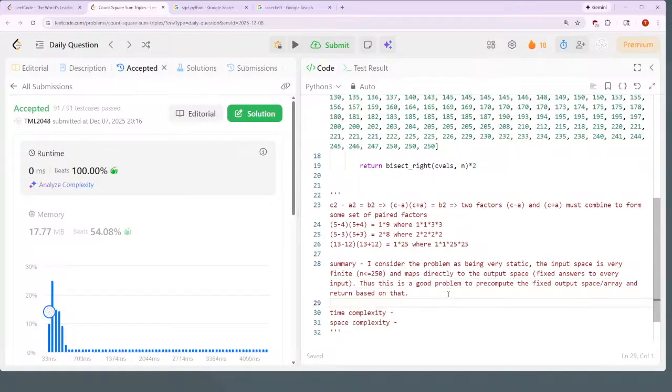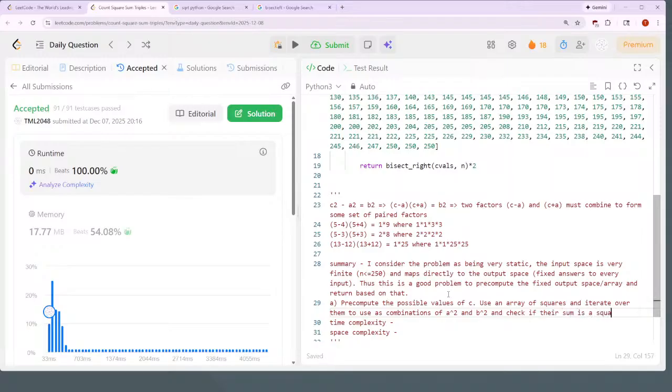So here, part 1 would be pre-compute the possible values of C. Use an array of squares and iterate over them to use as combinations of a squared and b squared, and check if their sum is a square.